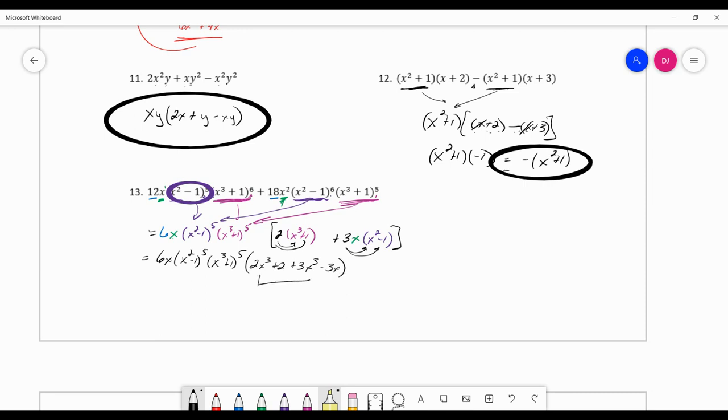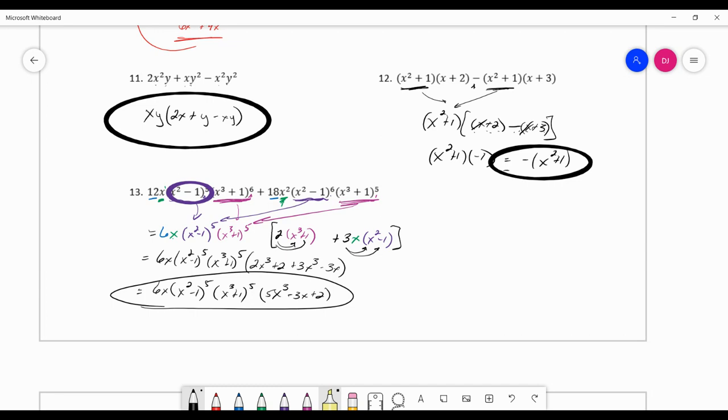Now what I want to notice is I have those two like terms. One last step, 6x, x squared minus 1 to the 5th, x cubed plus 1 to the 5th, and then now 2x cubed plus 3x cubed is 5x cubed minus 3x plus 2. Okay, a lot better than trying to expand that out.